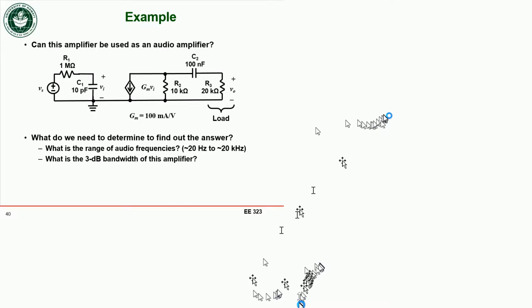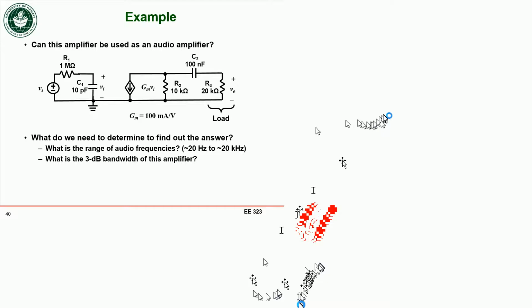on Monday, we're looking at this amplifier model, and we're trying to figure out if this is a good audio amplifier. Okay, so remember the range of audio frequencies is roughly 20 hertz to roughly 20 kilohertz.